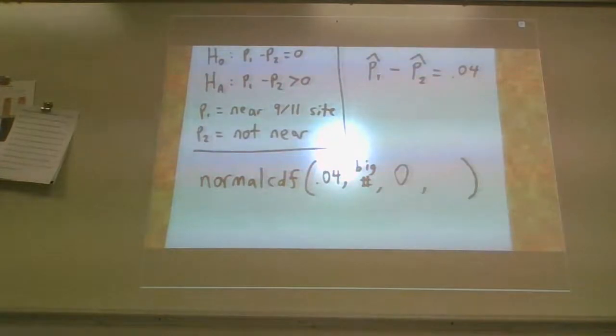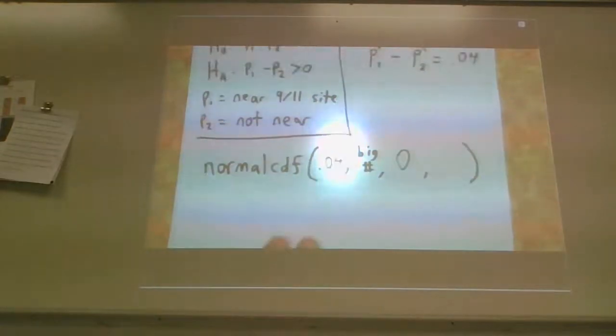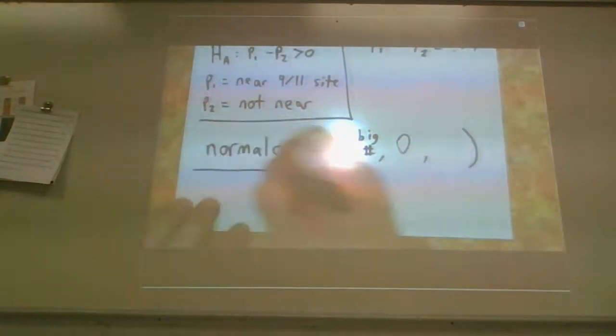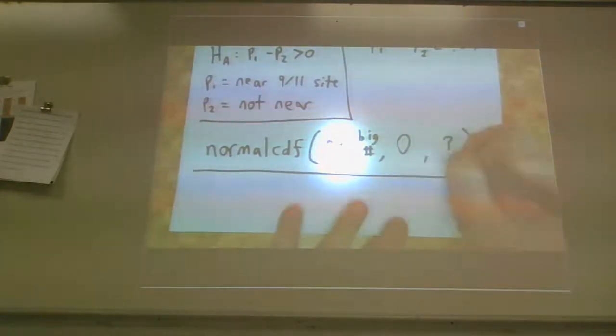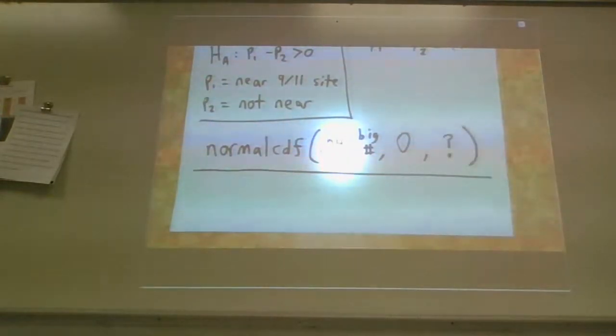Instead, I'm going to have to do something a bit more elaborate. So let me see what I got here. For the time being, I'll put a little question mark there, because this is what we're going to figure out, the standard deviation that should go in that spot.